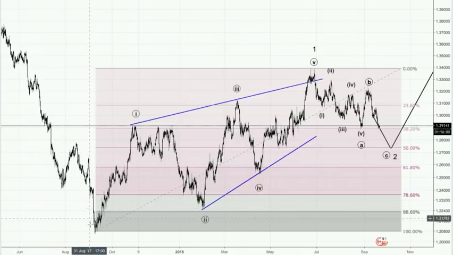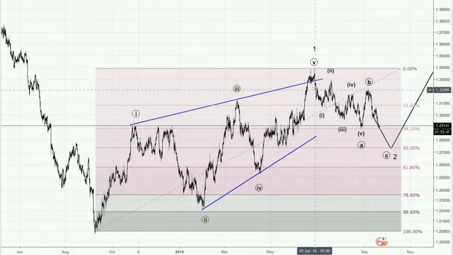I've been monitoring this currency pair quite a lot since late 2017, since this low here, because it started to develop a very interesting structure which could lead to a lot more gains in the near future for the US dollar against the Canadian dollar. And so I've been monitoring this for medium-term trade opportunities.